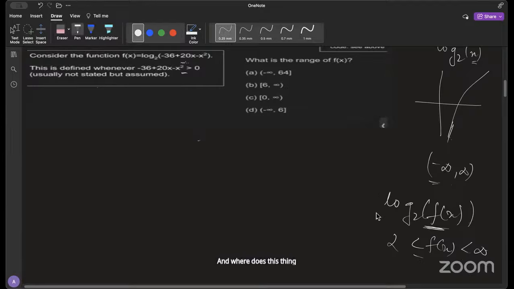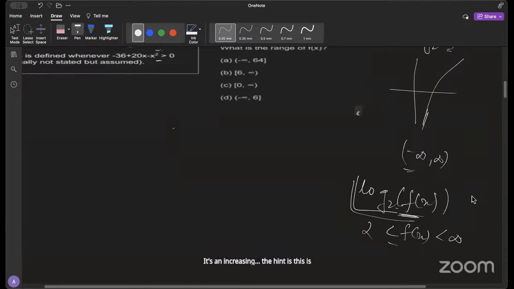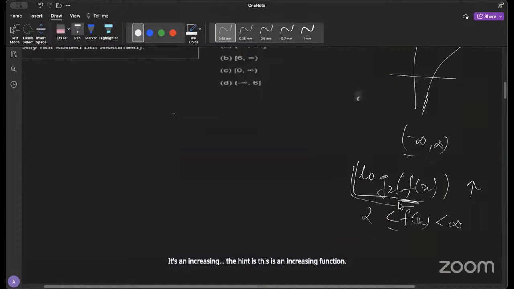What should be the range of this thing? The hint is that log base 2 is an increasing function.